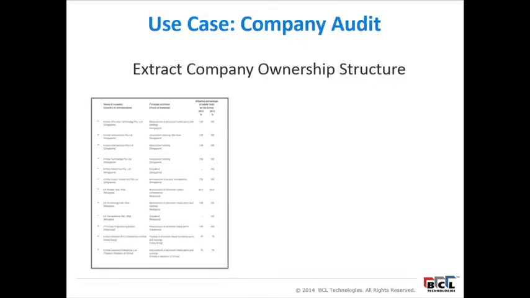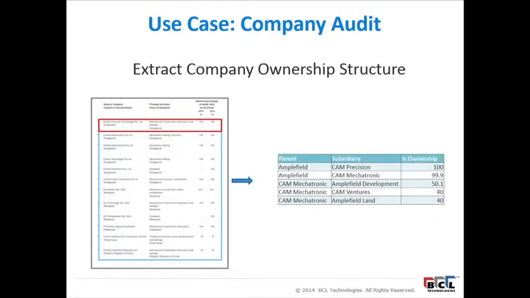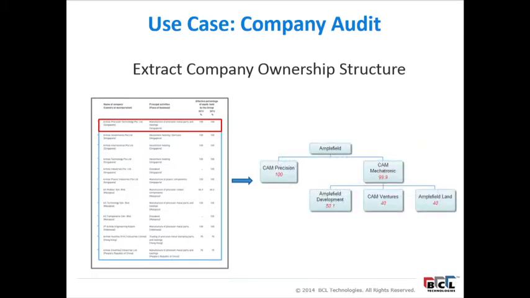One of the interesting ones which we were approached about is there's a government agency offshore which wants to see what the interlocking ownership of companies are. We can take that out across multiple documents, put that in a table, and then even show it like this. So the data can be derived and put into something like this, and the tax authority can go and figure out who owns what and make sure all the taxes are paid.